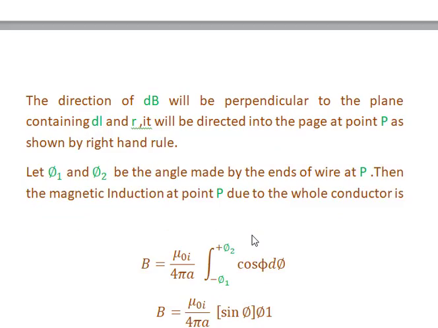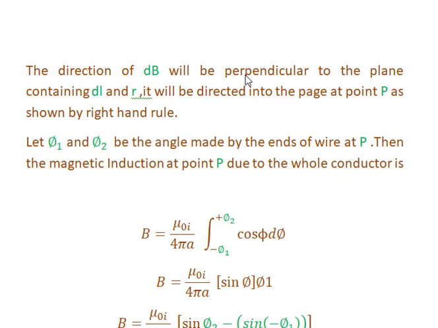The direction of dB will be perpendicular to the plane containing dl and r. So it will be directed into the page at the point P, as shown by the right hand rule. When the current is passing through the conductor, the current direction is taken as the thumb direction, and the other fingers indicate the direction of the magnetic field produced.